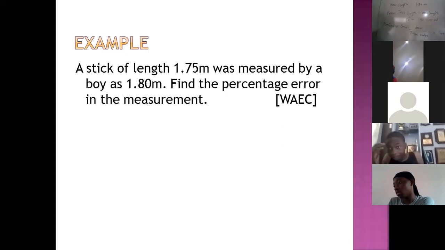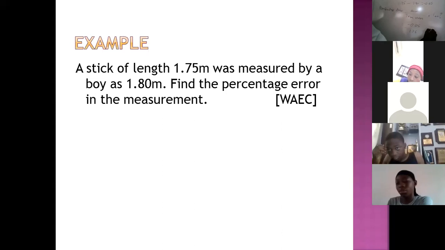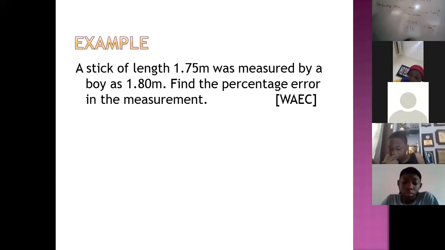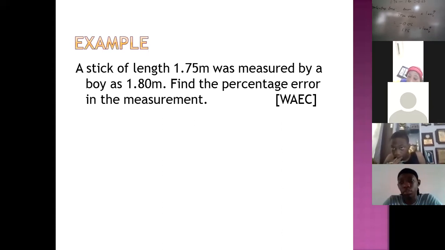So error is minus 0.05 over the true value 1.75, times 100%. We have negative because at the end of the day, it must be removed from the new length that we measured for us to get the length given.